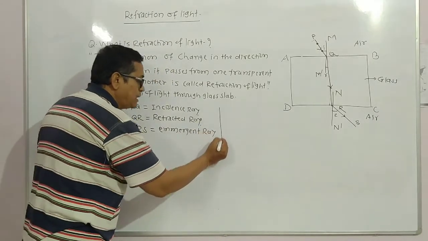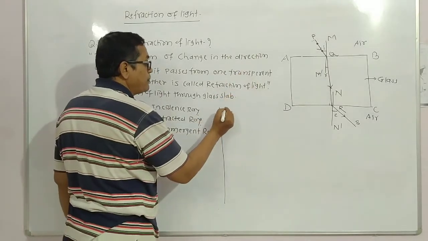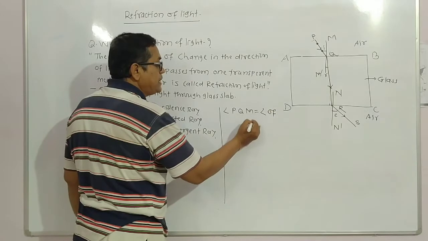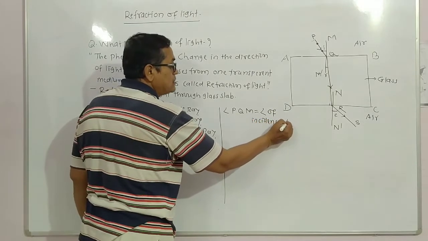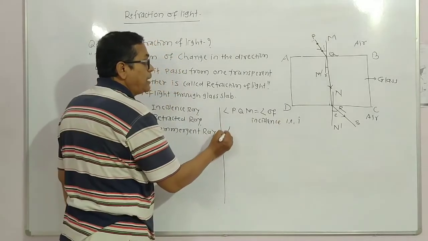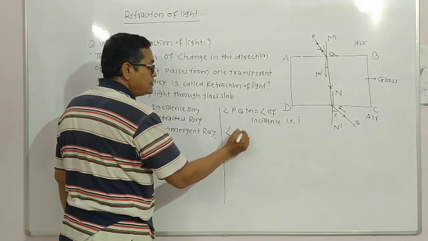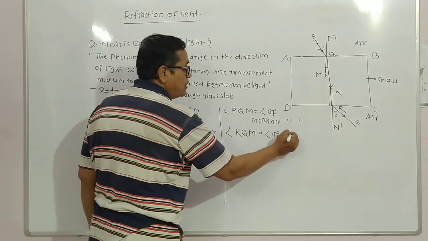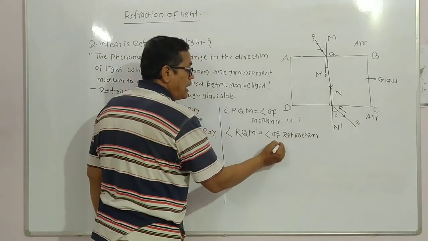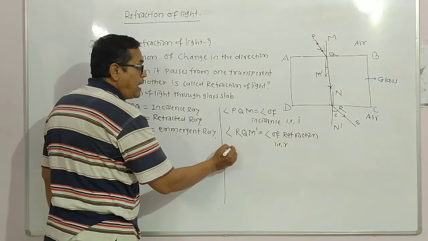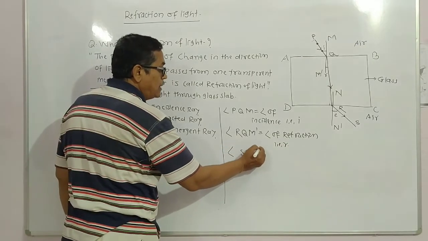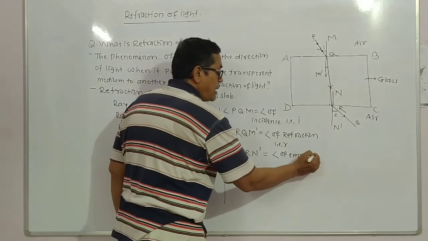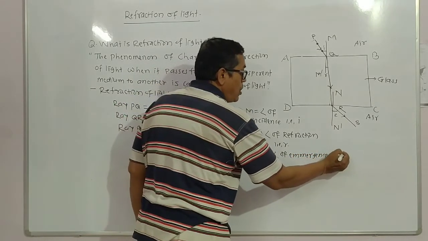Means look here, angle PQM equals angle of incidence, that is small i, then angle RQM dash equals angle of refraction, that is small r, then angle SRN dash equals angle of emergence, that is small e.